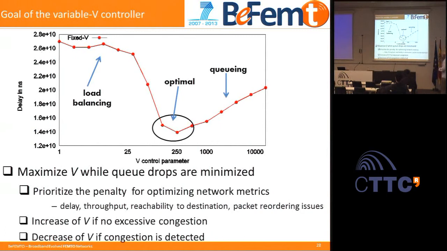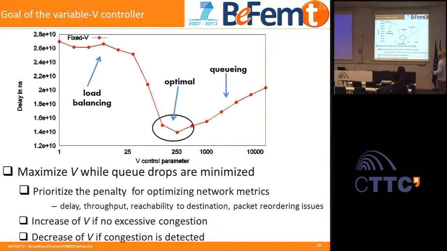So ideally, in this variable V algorithm, we would like to maximize the penalty function if we can, but without incurring into queue drops, and also without incurring into high queuing delays.